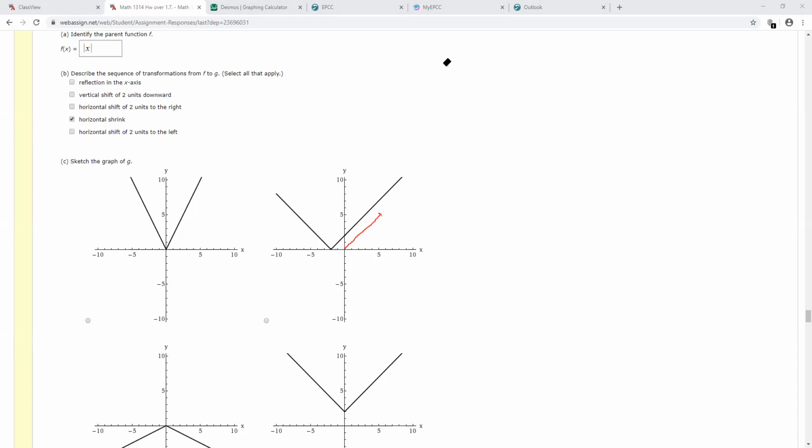Let me try again. Oh, I jinxed myself now, and I'm not capable of doing anything at the moment. Okay. That was the original.